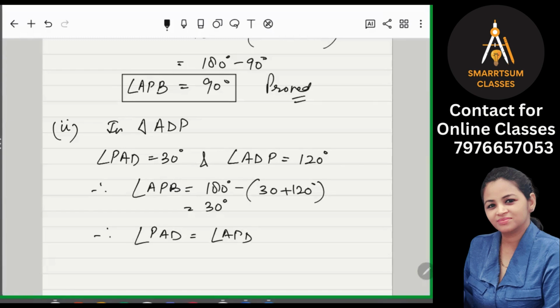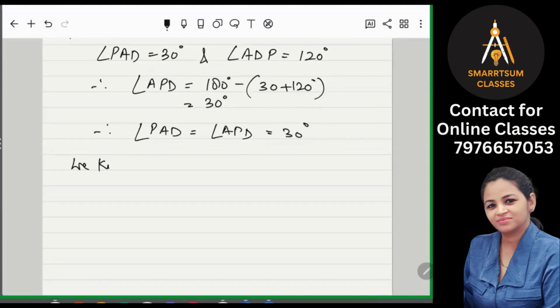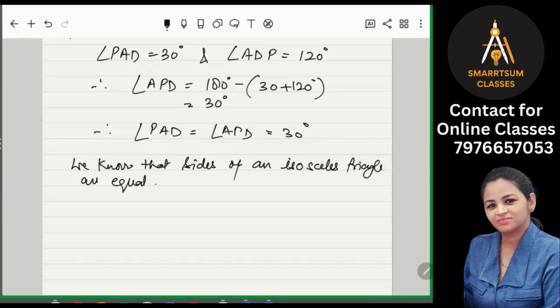That is, both are 30 degree. Now you can write down that we know that sides of an isosceles triangle are equal. So this is an isosceles triangle, so we can say that DP is equal to AD. So we have proved this.